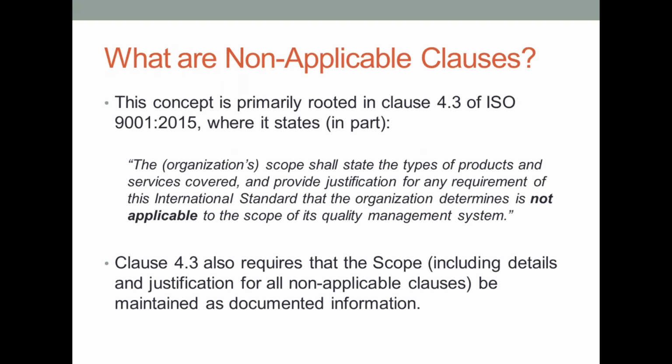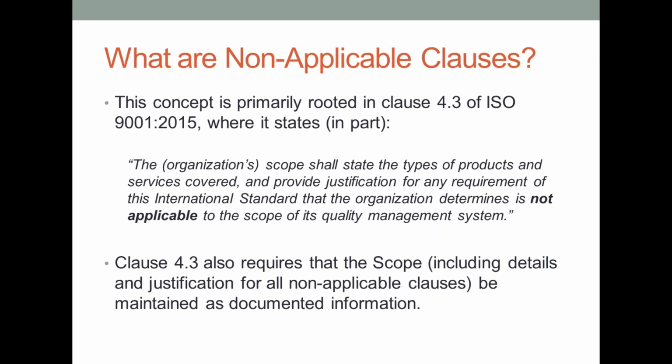So let's begin with what are non-applicable clauses. And this concept, it's a new concept. And it comes from section 4.3 of ISO 9001-2015, where it states in part, the organization's scope shall state the types of products and services covered, and will provide justification for any requirement of this international standard that the organization determines is not applicable to the scope of its quality management system.